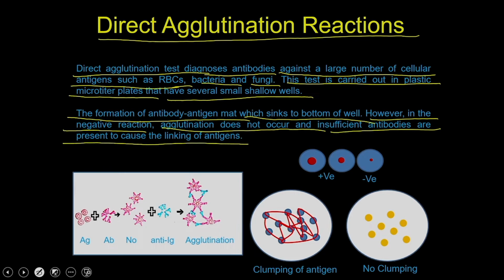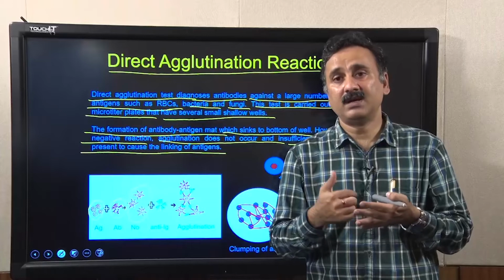linking of the antigens. So, what will happen is when you have an insoluble antigen and you add the antibodies, the antibodies bind to this antigen, but it does not cause agglutination because they are not able to cross link or clump, since the other antibody is missing.